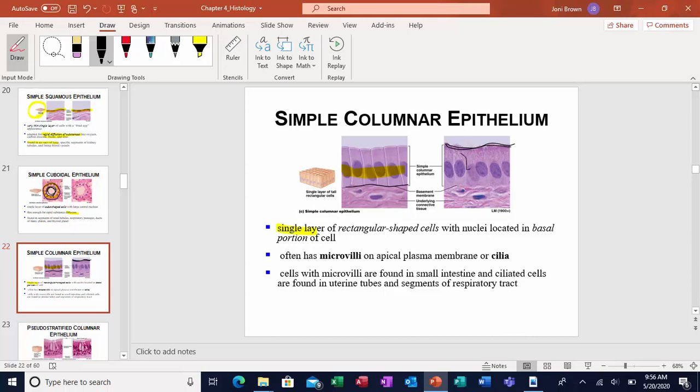They look like a little goblet, and they'll secrete mucus, and then the cilia will sweep it around so that the whole apical surface has the cilia there. And you find these in cells of your small intestine and in some of your respiratory tract segments.